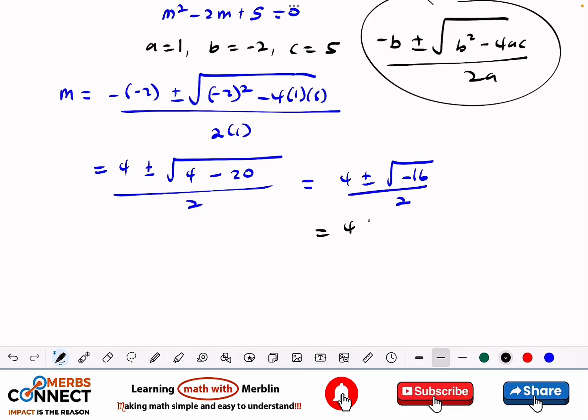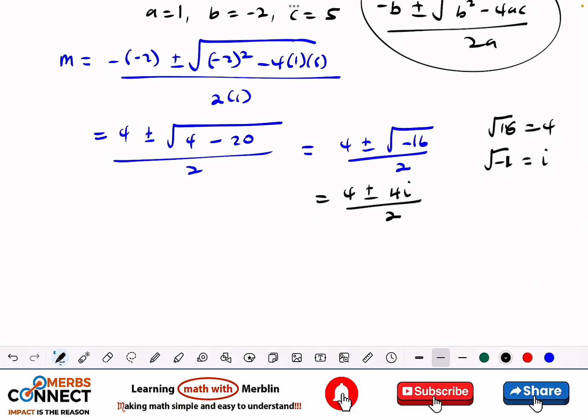So we know that square root of 16 is 4, and square root of minus 1 is i. So this is going to give us 4i divided by 2. Good. And this is going to give us 2 plus or minus 2i.